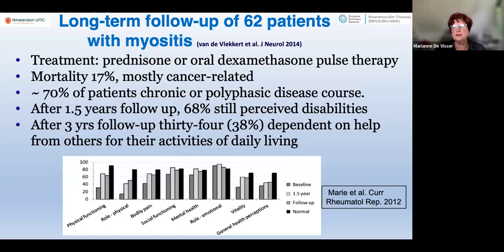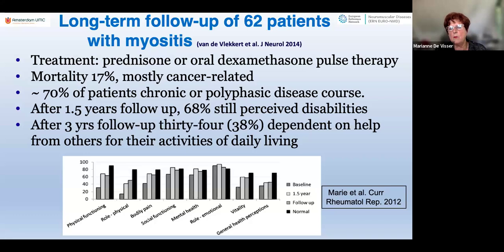I already mentioned the trial we conducted, and I show this slide in order to convince you, if that is necessary, what a serious disease myositis is. In our trial, we found that only 30% of the patients had a clinical remission, and 70% were chronic or had a polyphasic disease course.